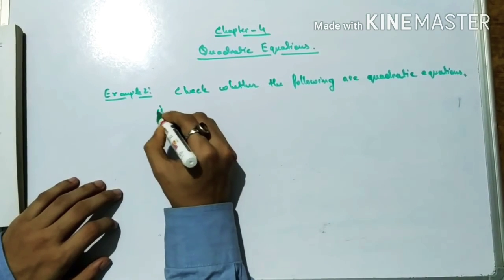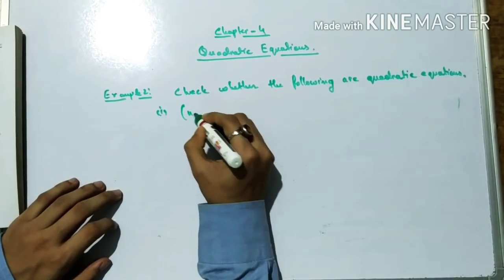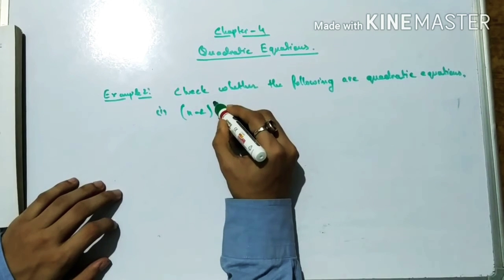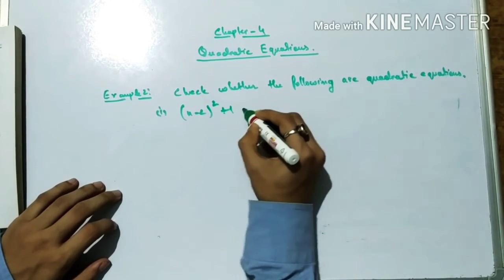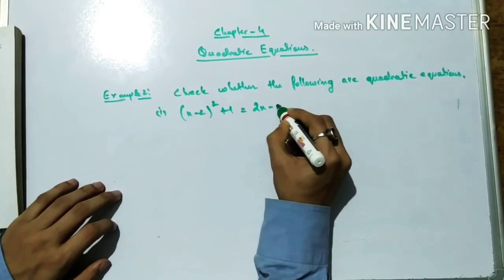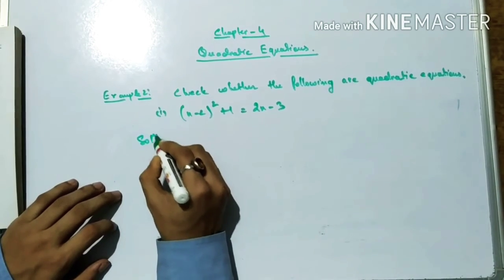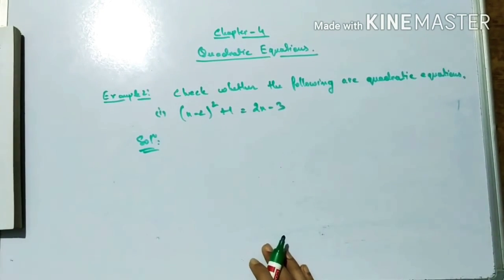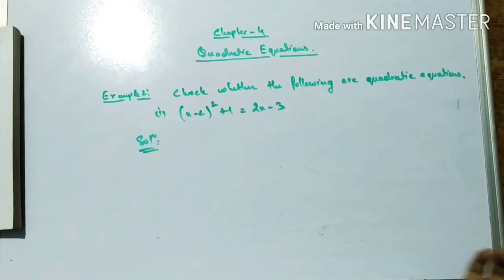I have to check whether these equations are quadratic equations or not. (x minus 2) the whole square plus 1 is equal to 2x minus 3.